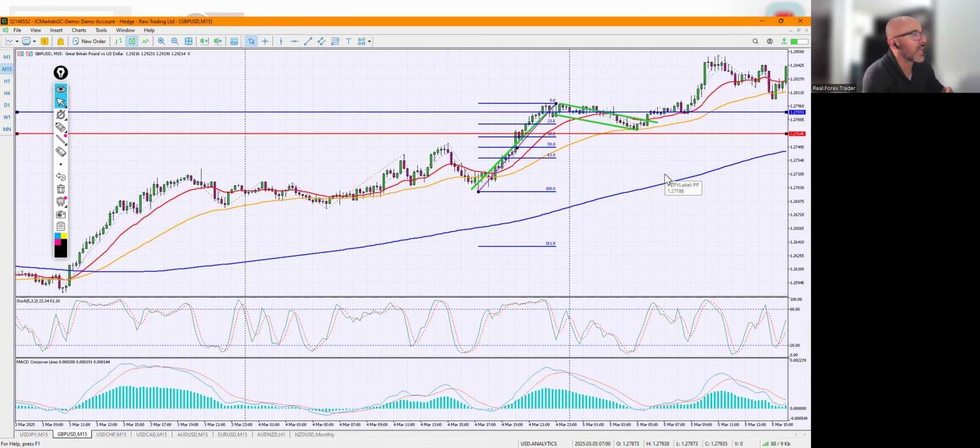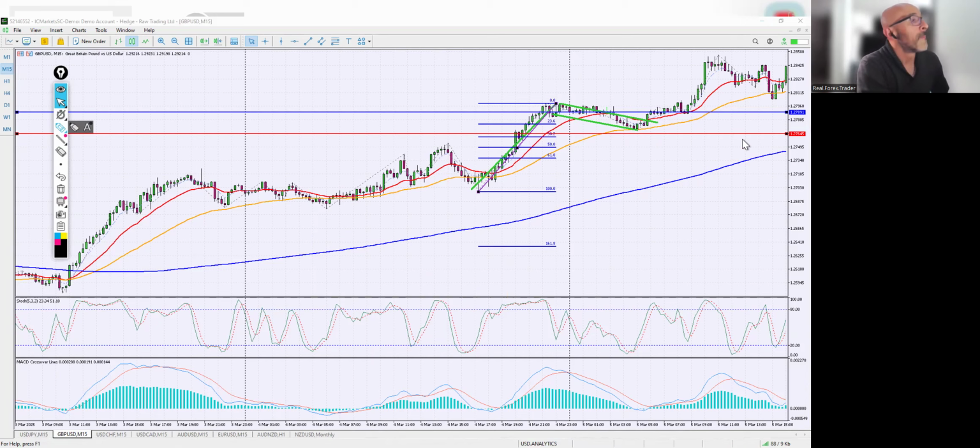Let me show you exactly what I'm doing here. My entry point is on this candle. I place my buy stop or my buy limit, depending on the momentum of the price, and I calculate my stop loss right on this level, below the EMA.